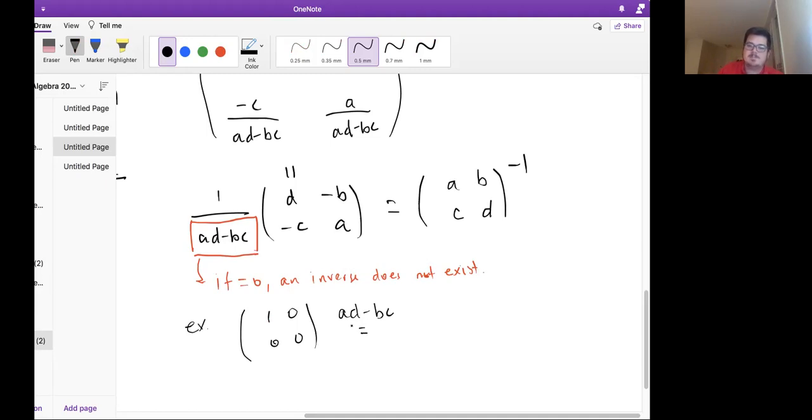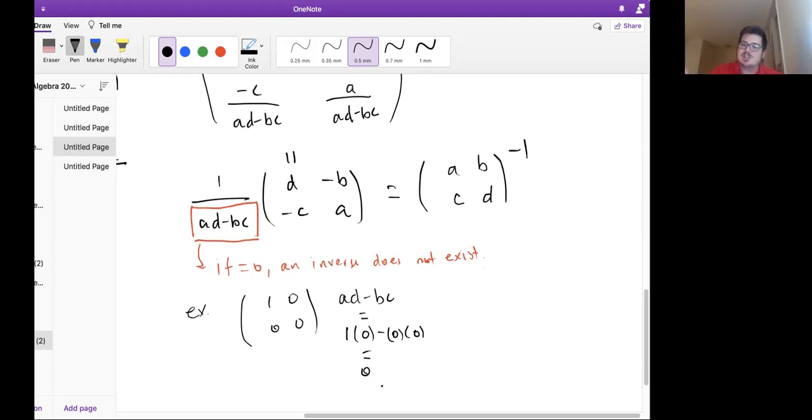What's the A here? One. What's the D? And everything else is 0, right? So it doesn't have an inverse. We showed it explicitly why it doesn't have an inverse, but with this neat formula, we can see why it doesn't have an inverse.